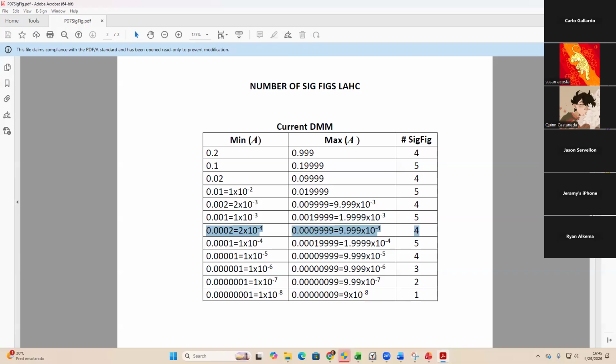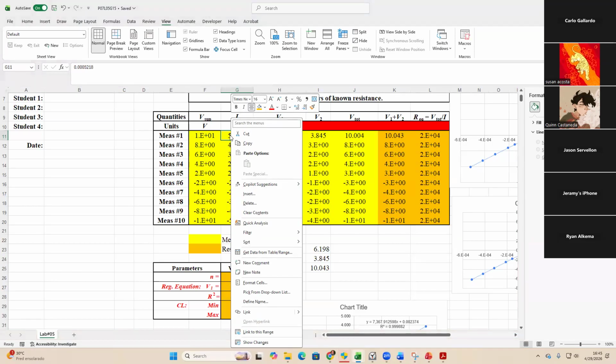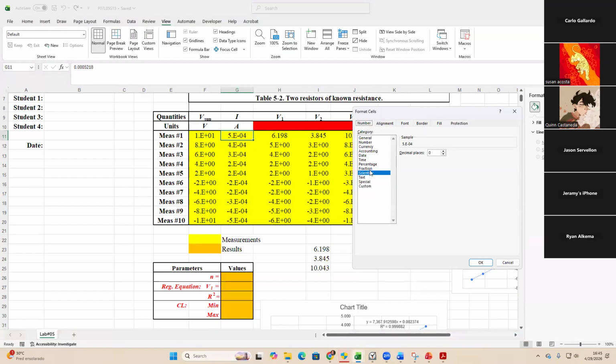4 significant figures. You can either do numeric or scientific. It's better that we do scientific. In this case, we must have 4 significant digits. Consequently, we must have 3 decimal places. Why is that?